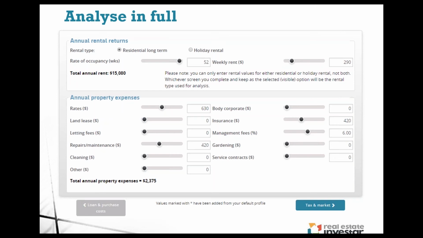Whatever council the house sits within, it will generate the appropriate rates for the particular council and the dwelling type within the area. So you pretty much don't need to touch that. Be aware though that all these costs are malleable if you want to change them anyway. And if we had a townhouse or something, of course, we'd put in body corporate and things like that. But in this instance, we're looking at a house, so not.